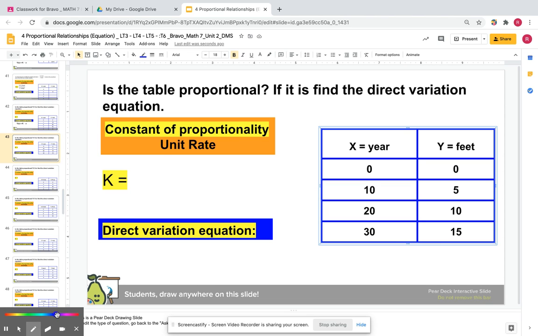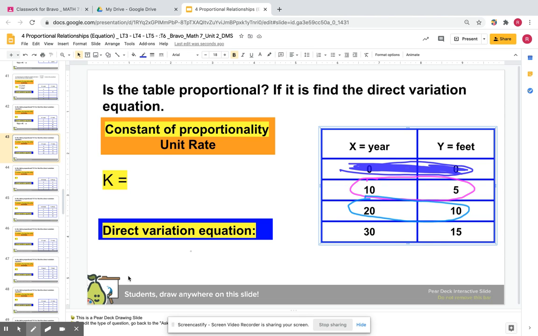Step 1 is to find the value of k. k can be found from any x and y points except 0, 0, so we're going to ignore those points. I could find k from the points 10 and 5. I can find the value of k from the points 20 and 10.